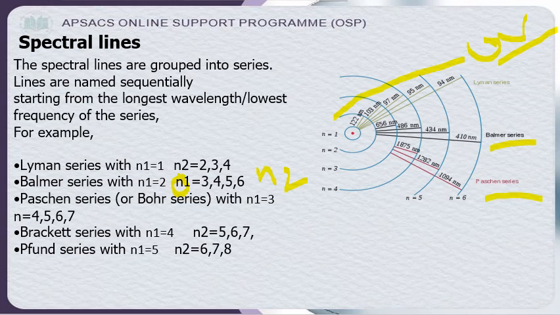When you consider the Paschen series, n1 will be every time 3, and n2 can be 4, 5, 6, 7. Similarly the same is for the Brackett series: the starting line is from 5 to 4, and the limiting line is from infinity back to 4. For the Pfund series, the starting line is from the 6th level to the 5th level, and the limiting line is from infinity to the 5th level.